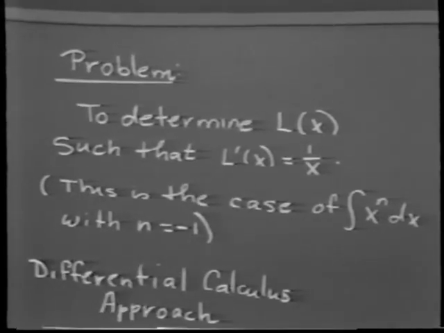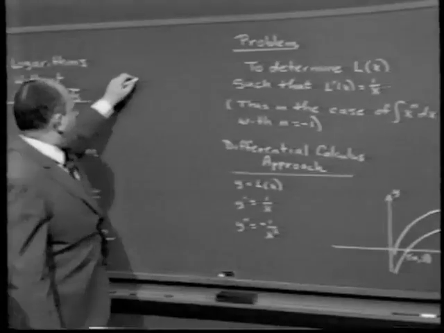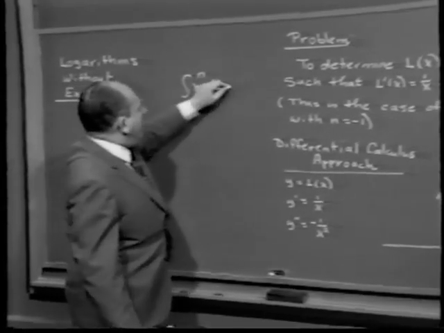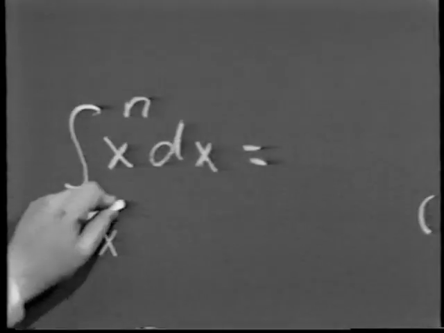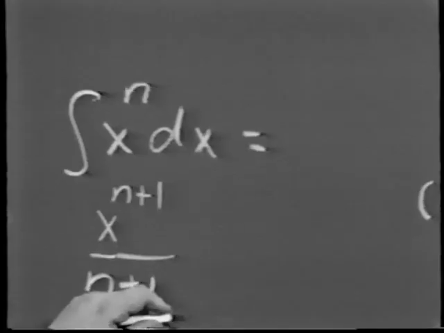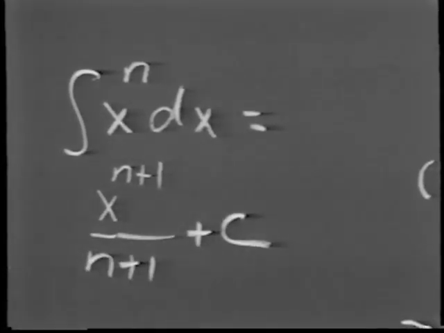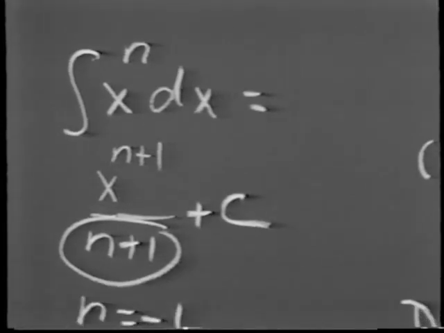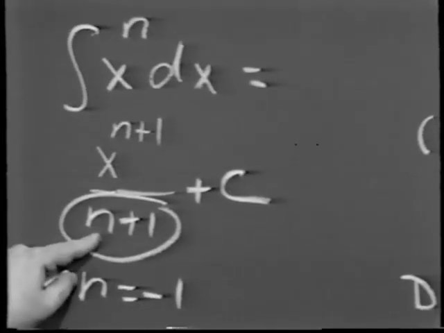And you'll recall that when we studied the recipe of how you integrate x to the n, we saw that that was x to the n plus 1 over n plus 1 plus a constant, and we then observed that this doesn't even make sense when n is equal to minus 1, because we'd have a zero denominator.